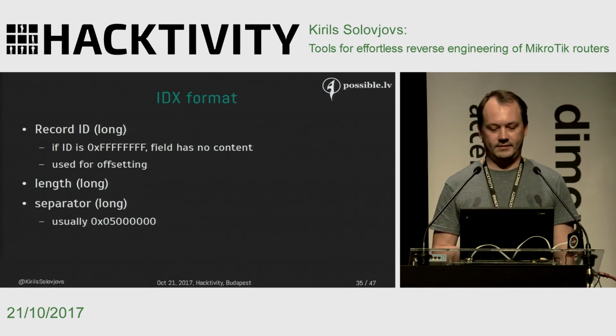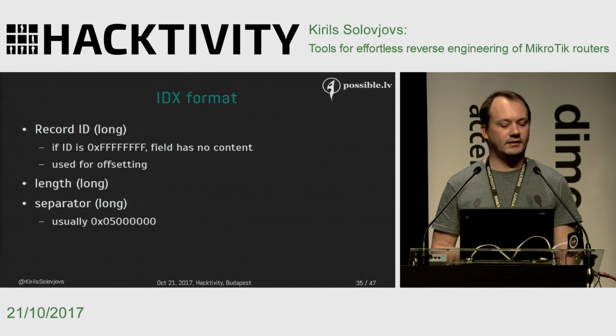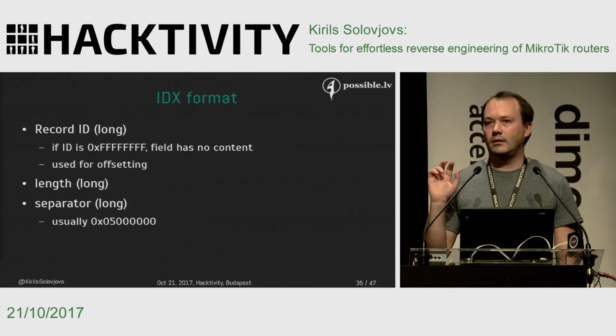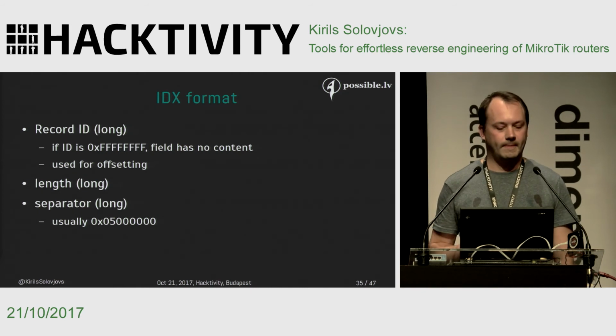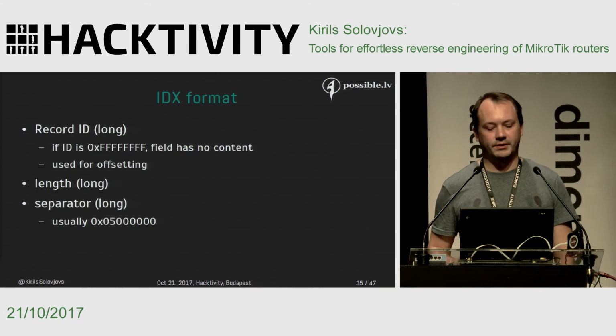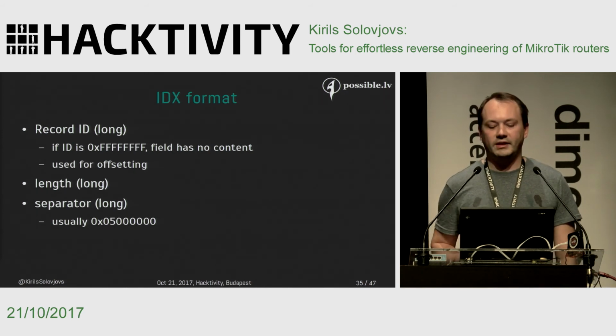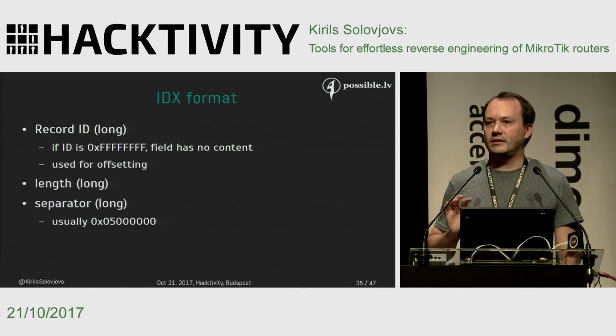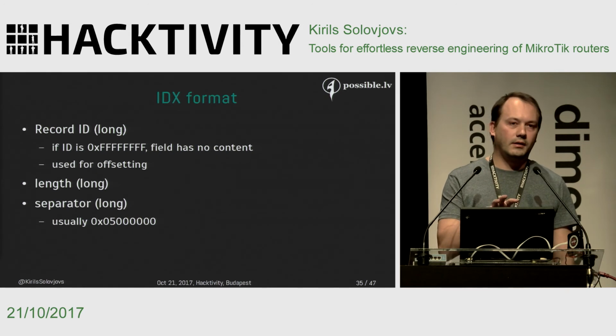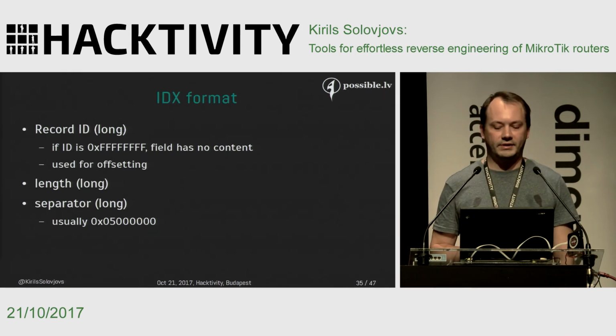IDX, the index format, consists of 3 entries per record. So that's 12 bytes here, because all of those are long. It's important to parse the IDX format too, because that format actually does not defragment itself automatically, meaning that it may contain previous data, like old passwords, for example.